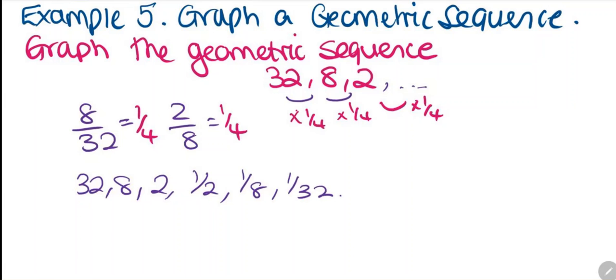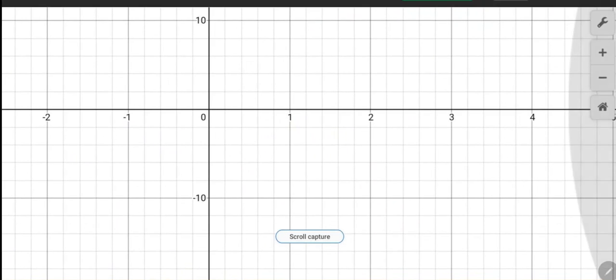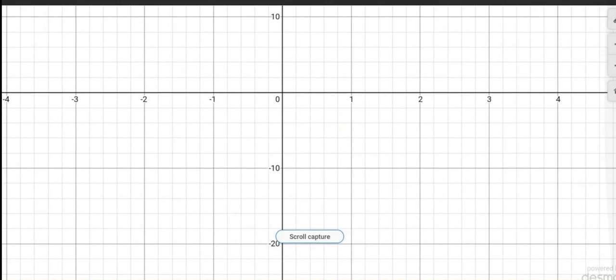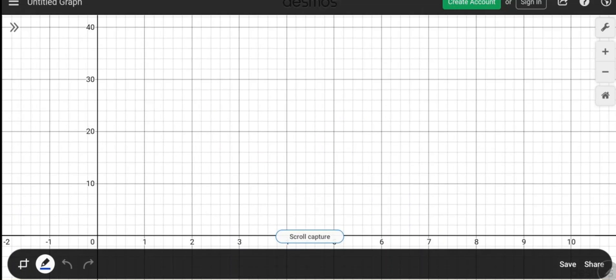So I'm going to see if I can graph this. So I've just loaded up a graph in Desmos. I'm going to try and use this. Okay, that's better.